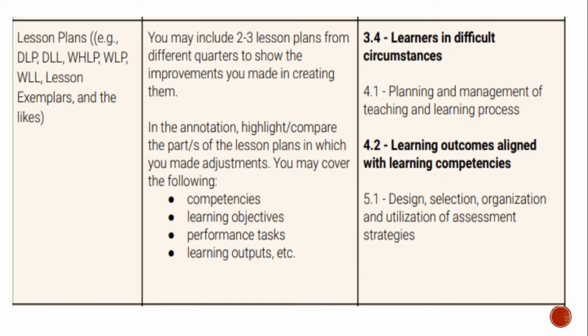You may cover the following: competencies, learning objectives, performance tasks, learning outputs. For PPST strand 3.4, learners in difficult circumstances, 4.1, planning and management of teaching and learning process, 4.2, learning outcomes aligned with learning competencies, and 5.1, design, selection, organization, and utilization of assessment strategies.